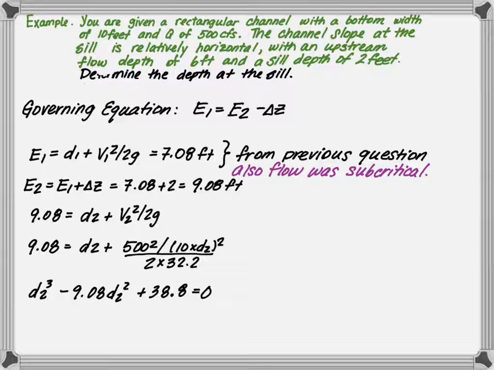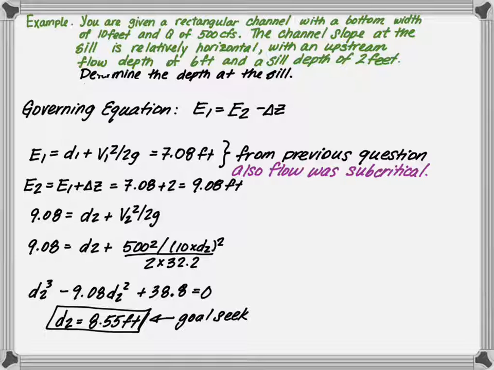We rearrange the equation and plug in the constants, and we get the depth at point 2 cubed minus 9.08 times D squared at point 2 plus 38.8. We use goal seek, and we will get a depth at point 2 of 8.55 feet. Remember, it was subcritical flow, so our depth will be greater than 6 feet.